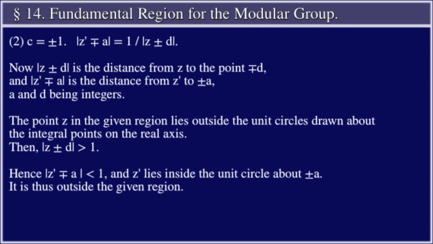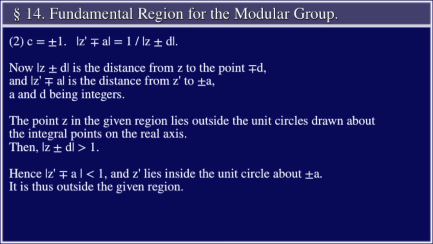Now, the absolute value of the quantity z plus or minus d is the distance from z to the point minus or plus d, and the absolute value of z prime minus or plus a is the distance from z prime to plus or minus a, and d being integers.